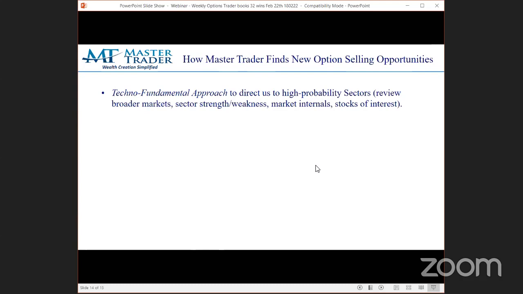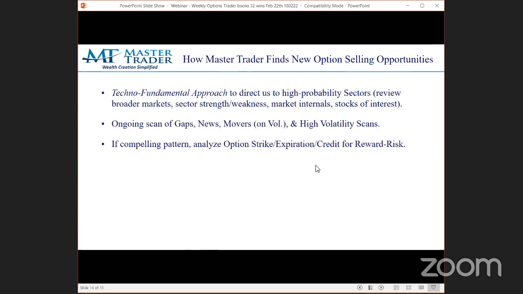So you start with the broader markets, then the sectors, market internals, stocks of interest, then throughout the day, and Greg has great scans, which he's going to show you a couple of right now. But we're always looking at gaps, news, movers. I have a high volatility scan on my Thinkorswim platform that I created.